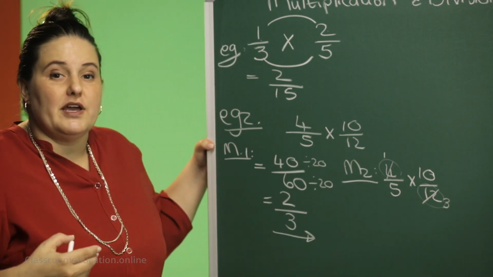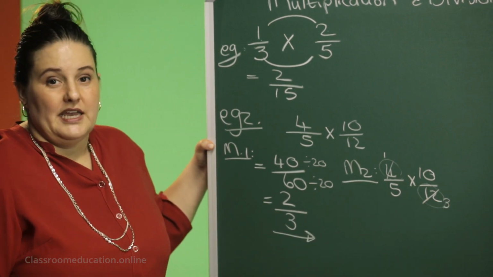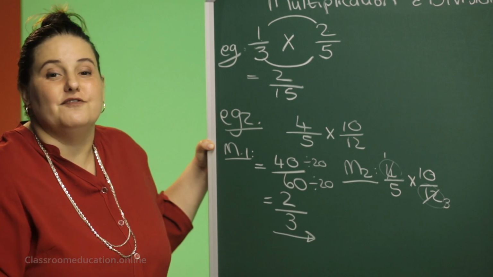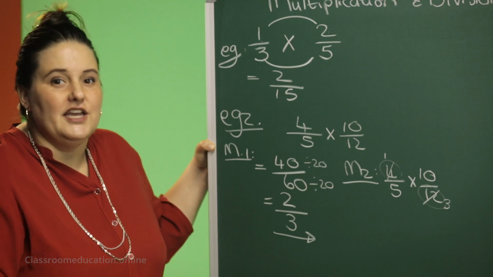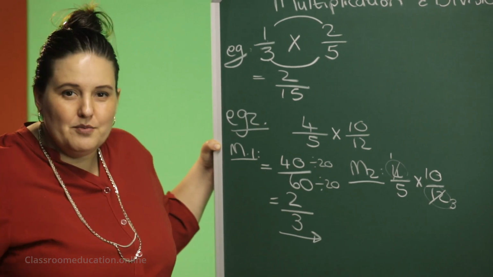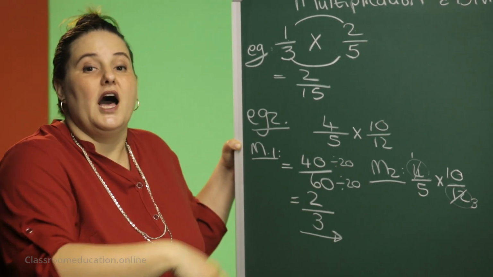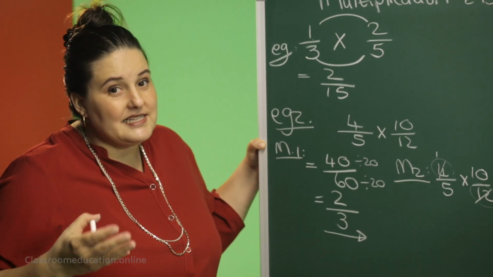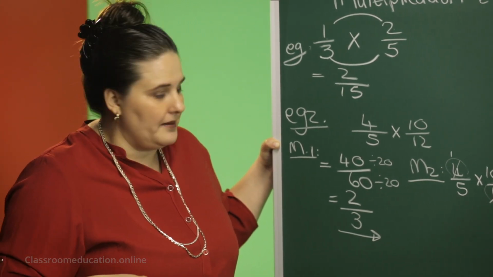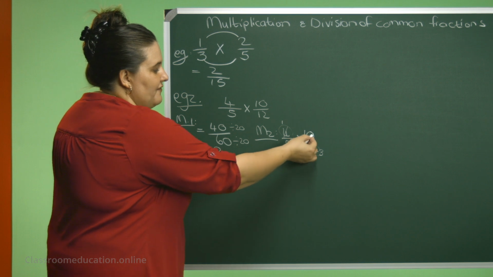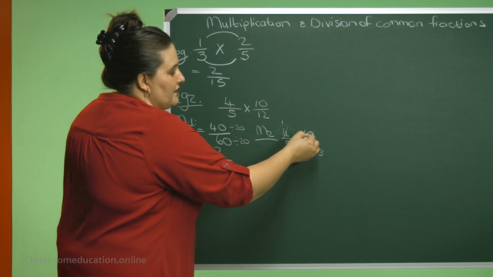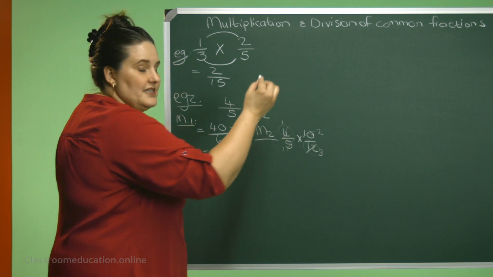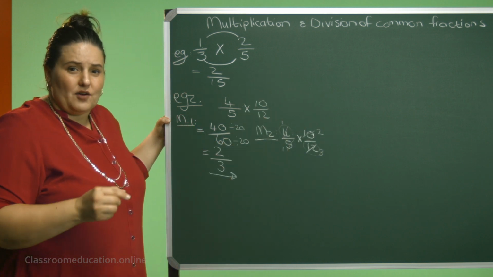If I'm talking about cancelling out, it means that we actually divide. Okay, please be careful. You cannot cancel out if both of them are in the numerator or both of them are in the denominator. Cancel out means there's a division happening. So here, the 5 and the 10. 5 can go into itself once and 5 can go into 10 twice. And now I've made it quite easier.